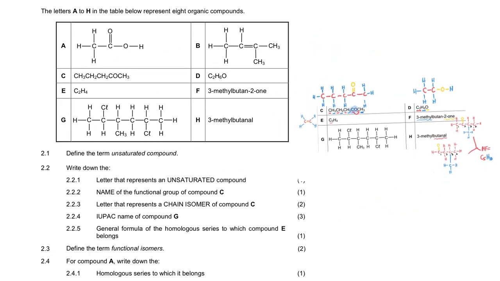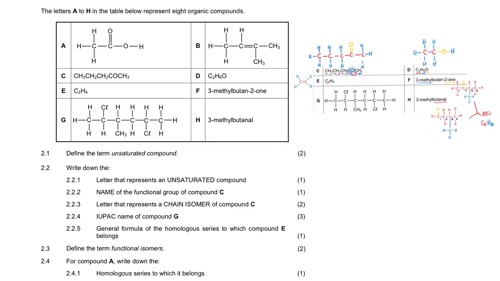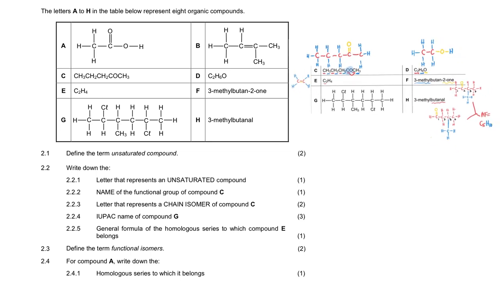Then we're looking for a letter that represents an unsaturated compound. An unsaturated compound's got a double or a triple bond in it. So we can see immediately that this is an unsaturated compound because it's got a double bond in it.